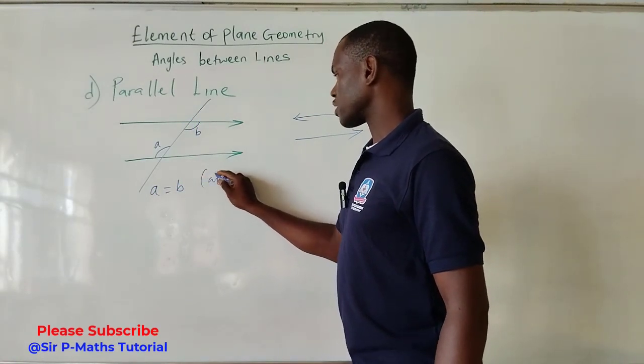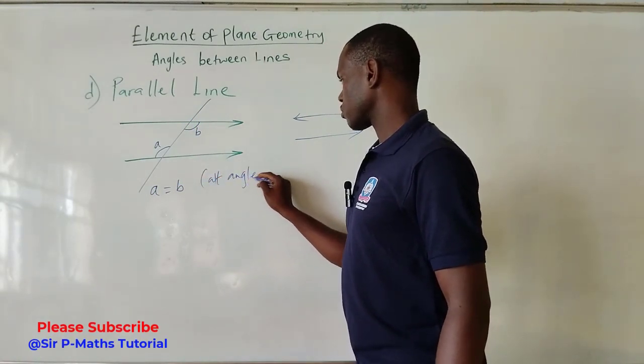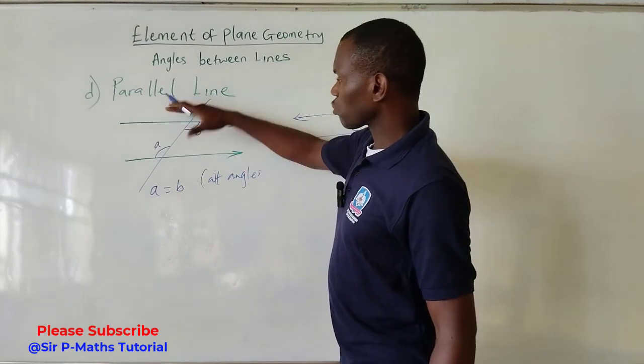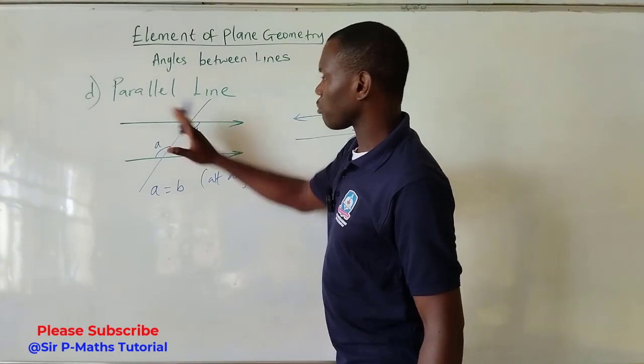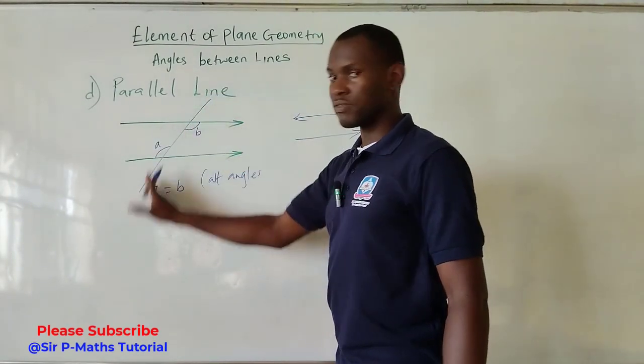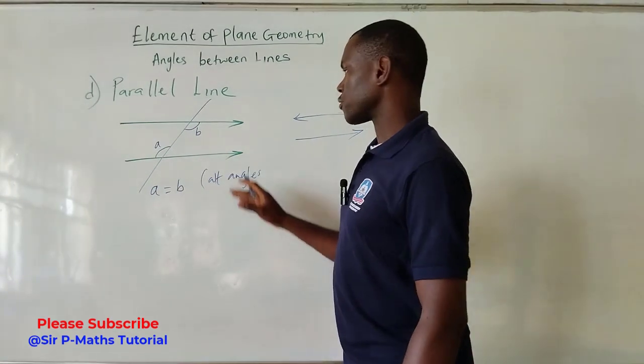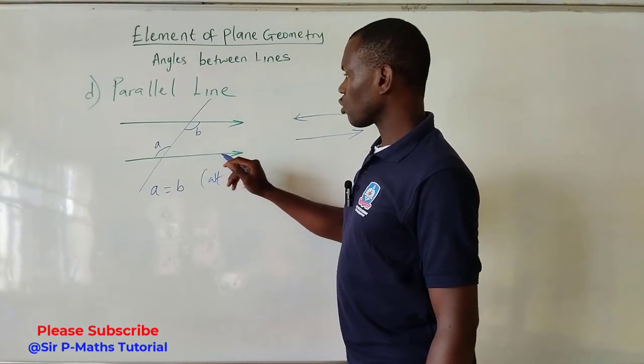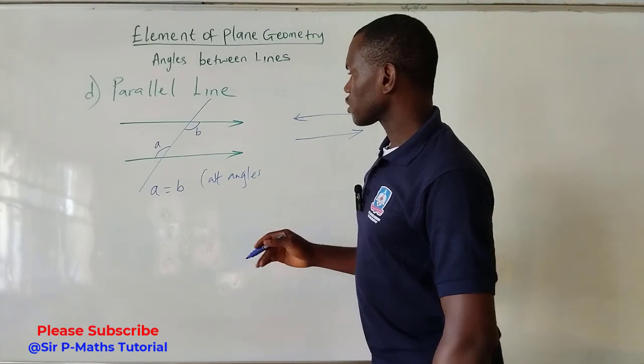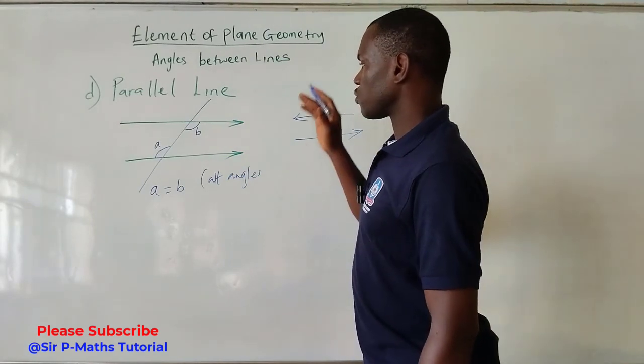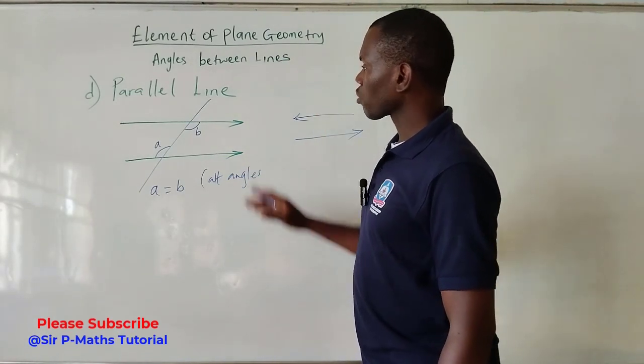We call them alternate angles. Both of them are formed inside, but on different sides of the transversal. That is what we call the alternate angles.